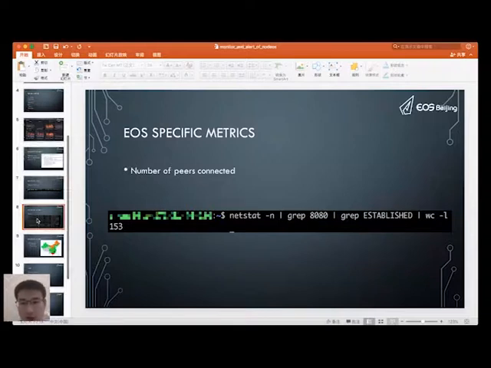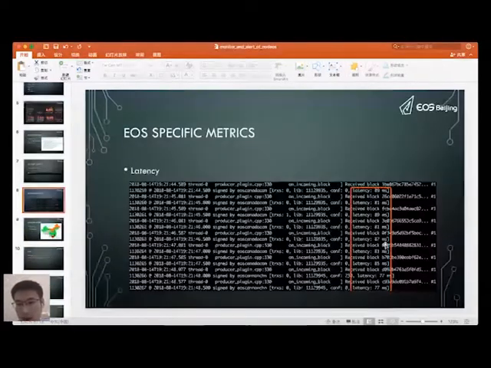So you need to watch the latency in the logs. A few hundred microseconds is okay, but if it increases to several seconds, maybe 5 seconds, then there is a problem.